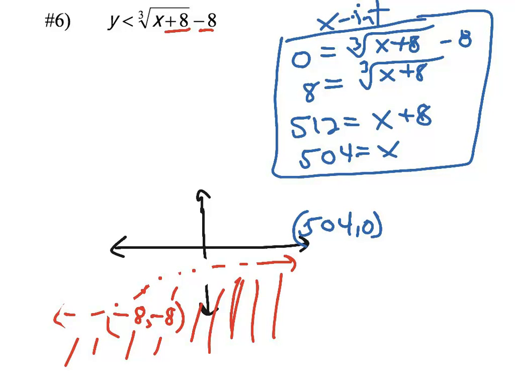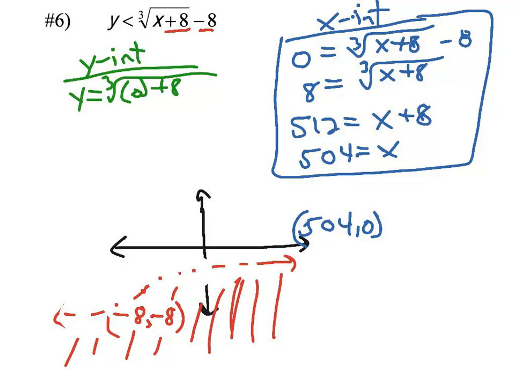To find the y-intercept, I put 0 in for x into the boundary. 8 plus 0 is 8.